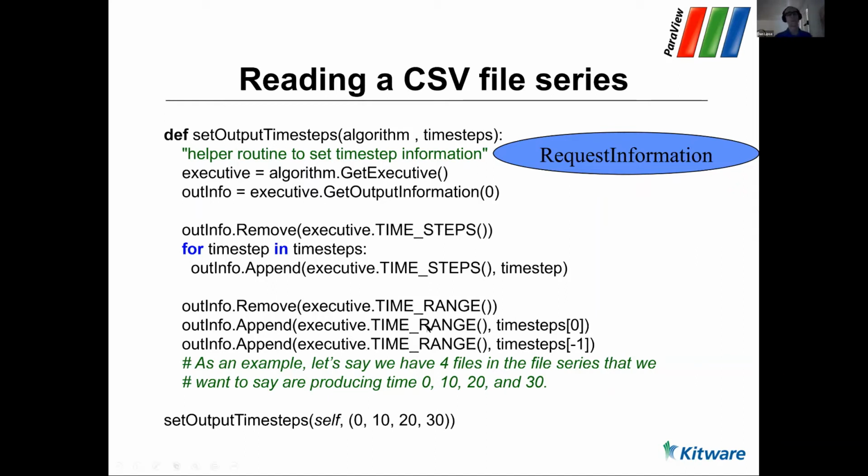We don't show how we get this information, but if you write a reader, you will probably look at the files, parse the file names and figure out that you have 0, 10, 20, and 30. These are the time values.